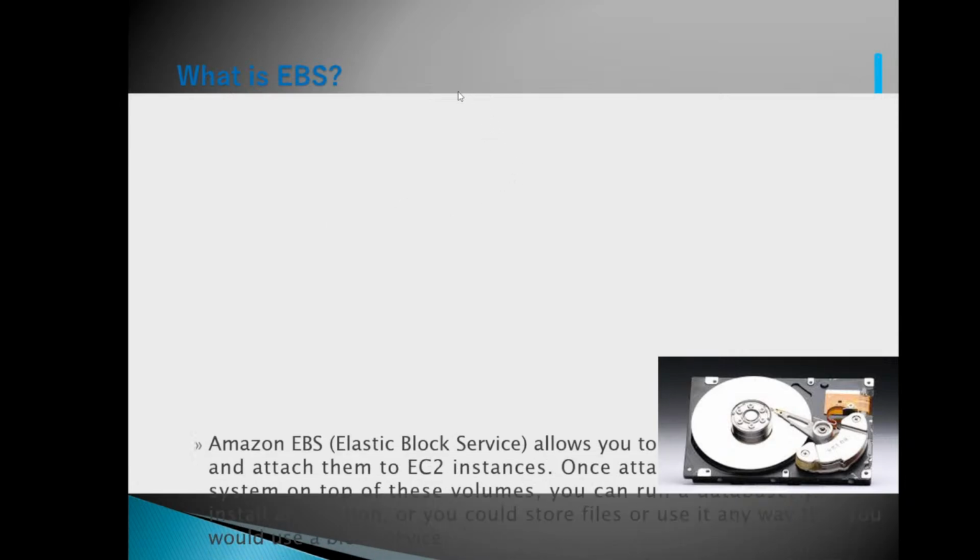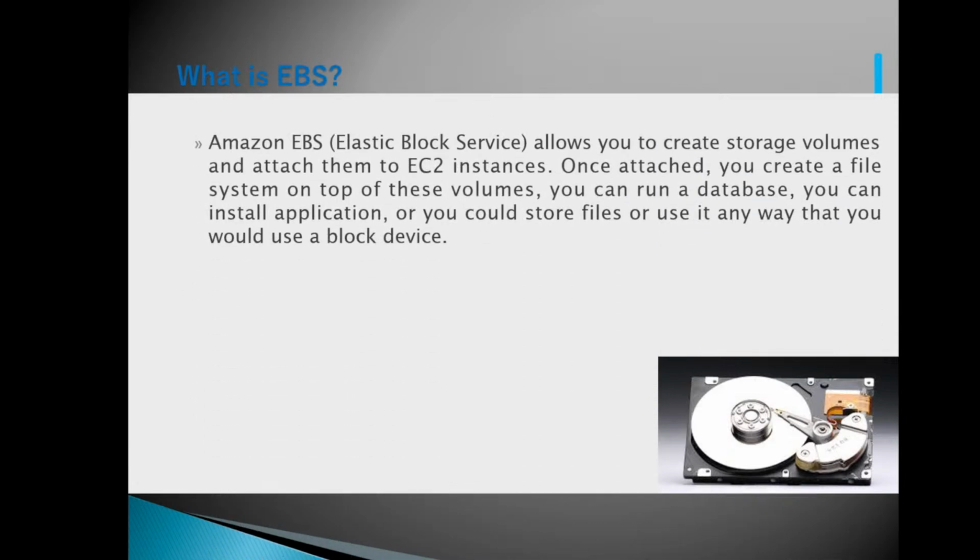Now what is EBS? Amazon EBS is again a storage service. It's a block storage service. The first storage service we have learned till now was S3, right? In S3 we can store the data, but can we install any application on S3?